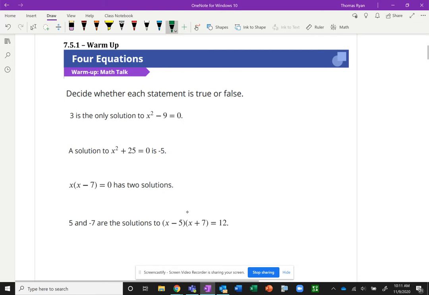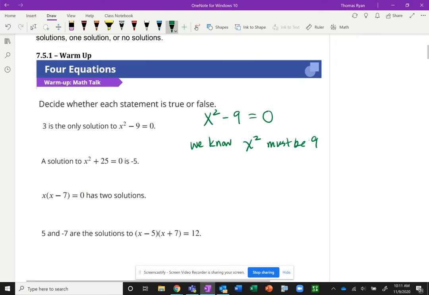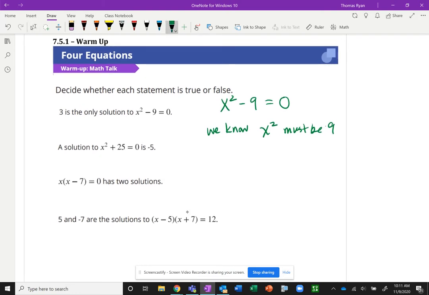So if we have x squared minus 9 equals 0, then we know that x squared must be 9, since we can all agree that 9 minus 9 would give us 0. So then the question is, what value squared gives us 9?